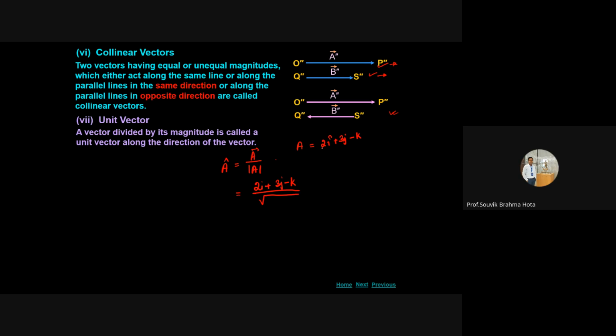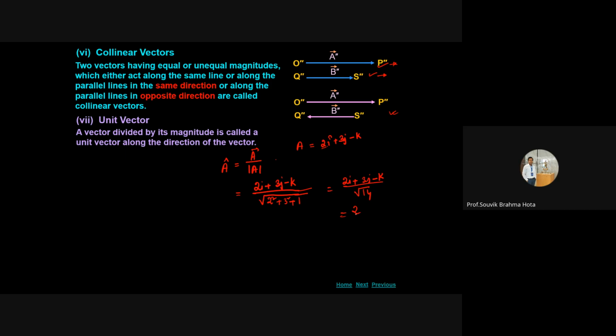Modulus means square root of the coefficient of i whole square, 2 square, plus the coefficient of j, 3, whole square, and then k, that is minus 1 whole square, so 1. Now you separate 2i plus 3j minus k, and here 2 square is 4, 3 square is 9, 9 plus 4 is 13, plus 1 is 14, root 14.